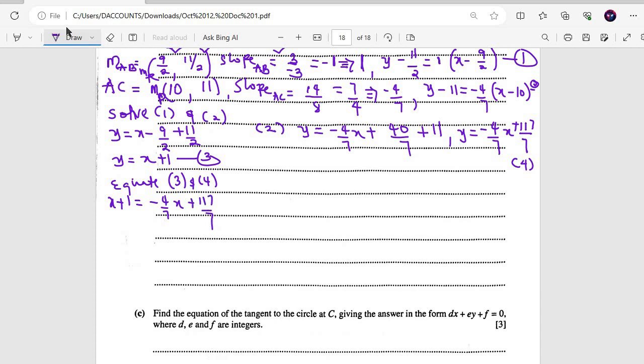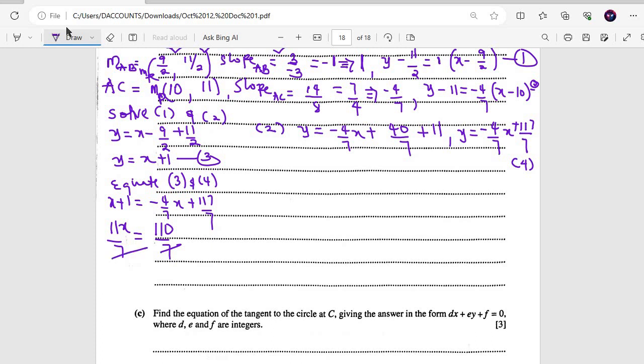So at the end of the day, I have this goes there, 7 plus 4, 11x over 7, 117 over 7 minus 1, that's 117 minus 7, I have 110 over 7.